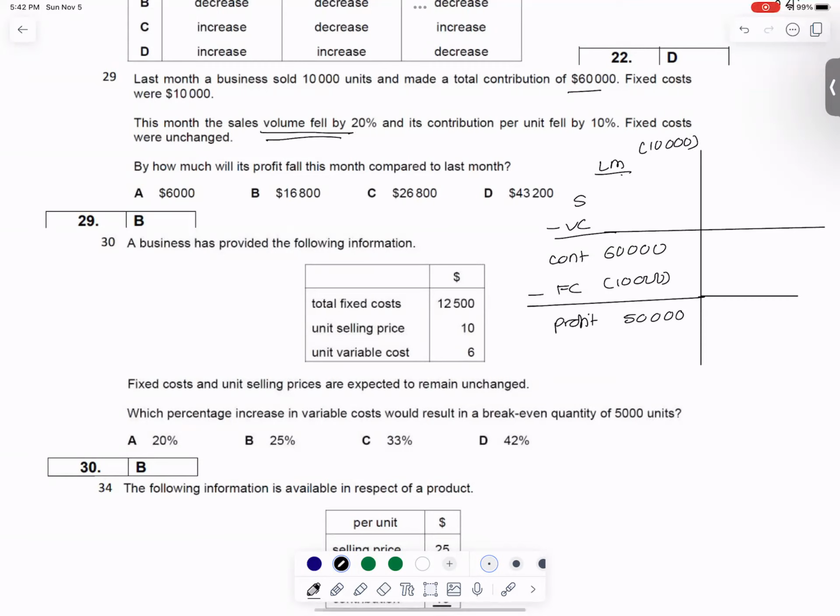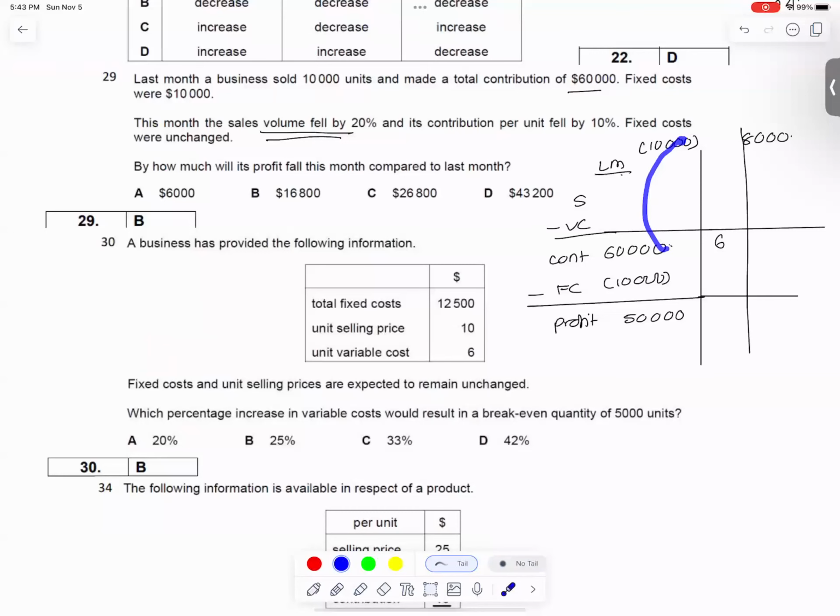Sales volume fell by 20%. So 10,000 into 80%, 8,000 units. And contribution fell by 10%. So I have to do contribution per unit. The contribution per unit is 6.